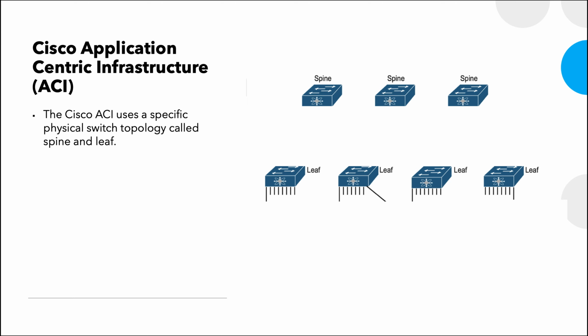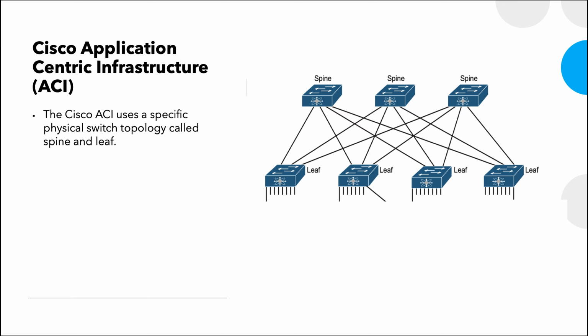Each leaf switch must be connected to every spine switch, and each spine switch must connect to every leaf switch. Leaf switches don't need to be connected to each other, and the spine switches don't need to be connected to each other either. But the endpoints, those devices, are connected only to the leaf switches.